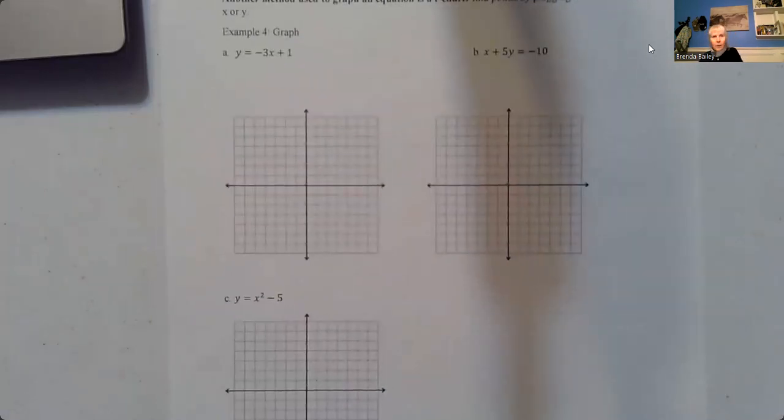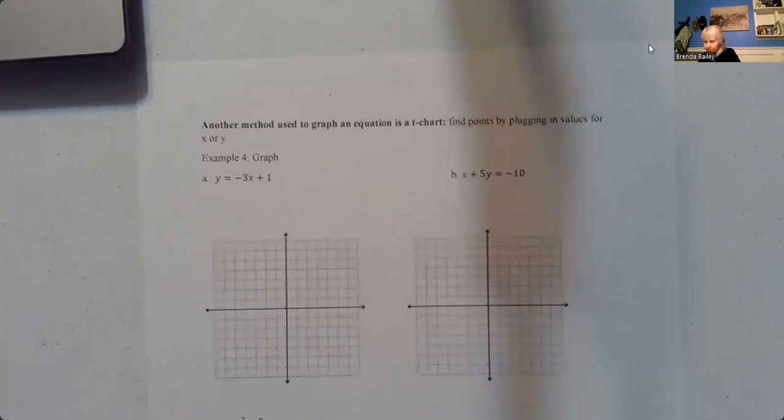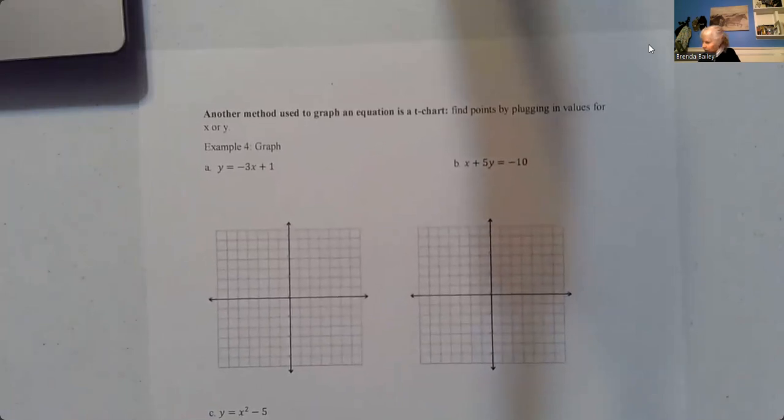Okay, what we're going to look at now is some different methods of graphing equations of lines. We have 3 methods that we're going to use. Which one you want to use depends on how it's presented to you.